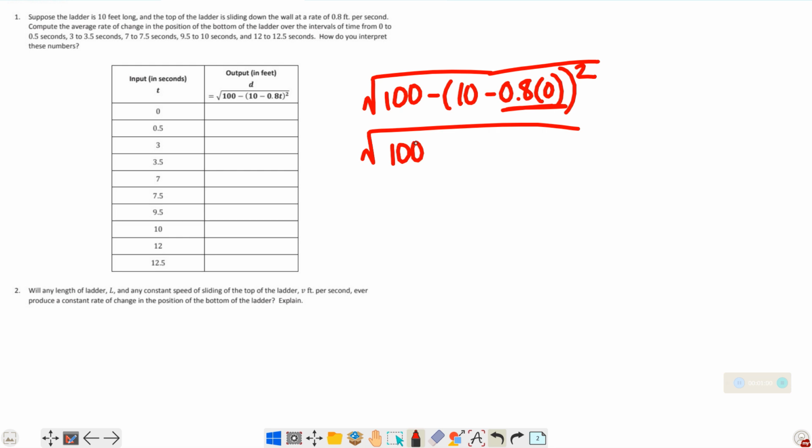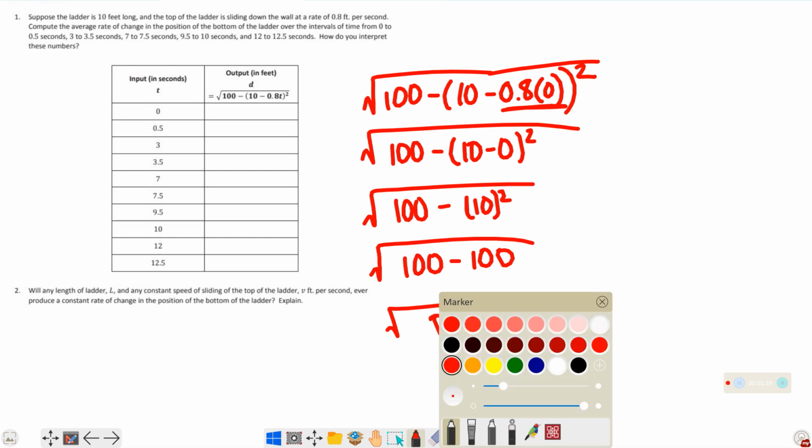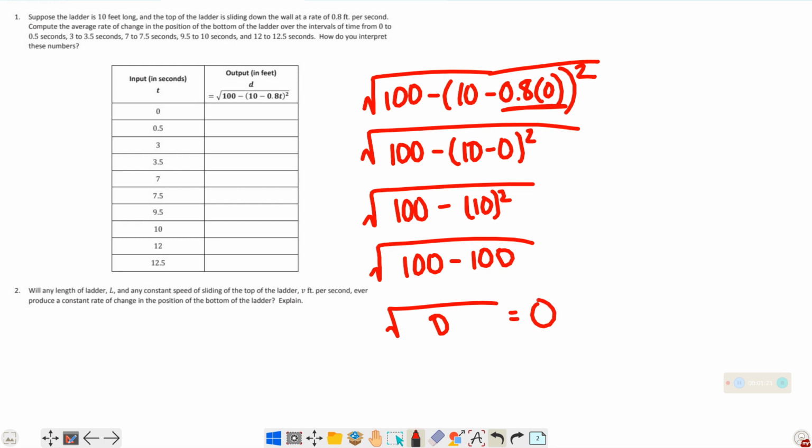So we have 100 minus (10 minus 0) squared. 10 minus 0 is just 10. So we're going to take 10 and square it. 10 squared is 100, and 100 minus 100 is 0. If you square root 0, you get 0.